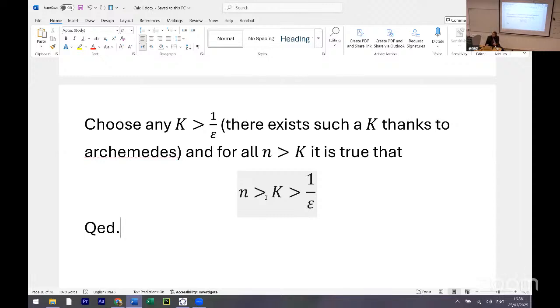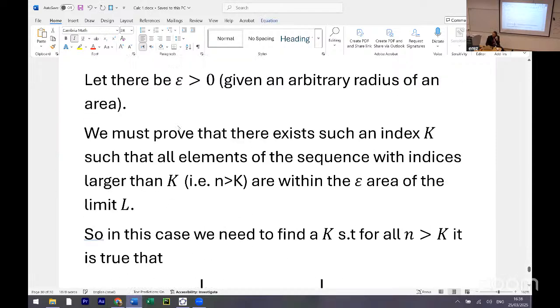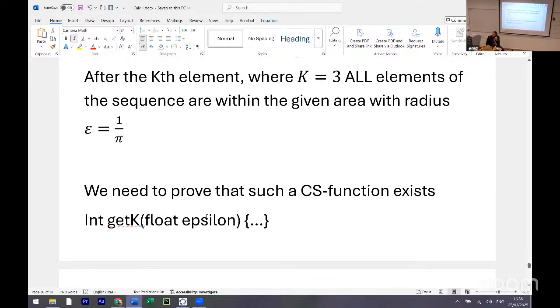So we have just some harder example. We don't find epsilon. Epsilon is an arbitrary radius. What we find is a formula, like the function I write here. Given an epsilon, you are supposed to return k.